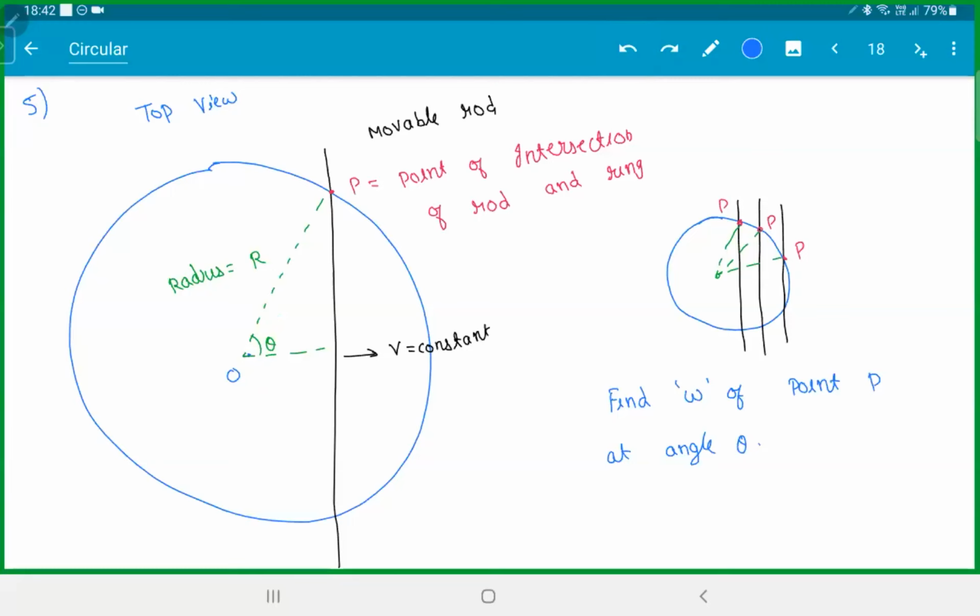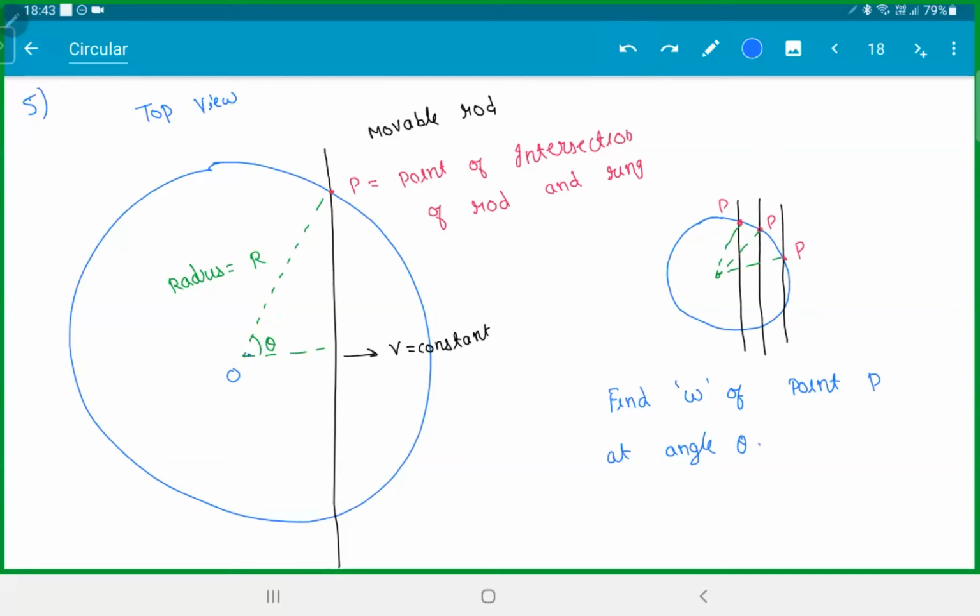When the rod moves, see what changes. You have to get theta in terms of some variable. When you differentiate that variable, you should get velocity, because you know only two quantities here, radius and v. And d theta by dt will be omega. So you have to get theta in terms of a variable, and when you differentiate, you will get velocity. That is your thought process.